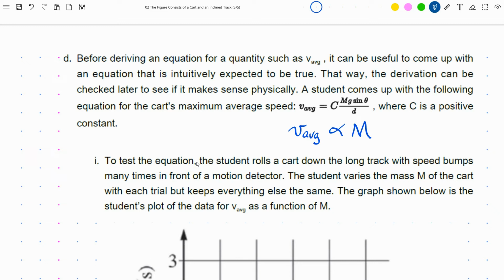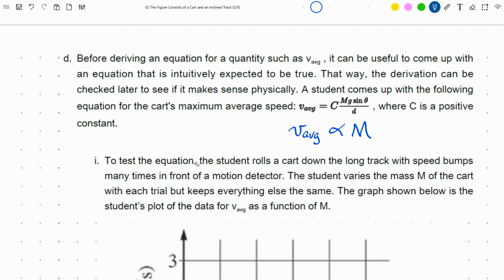Now what this statement means is that assuming all of the other variables are locked in, and assuming they're not zero, for example, I'm definitely assuming a non-zero value, then if you mess around with the value of mass, the value of the average velocity should be affected by that same proportion.